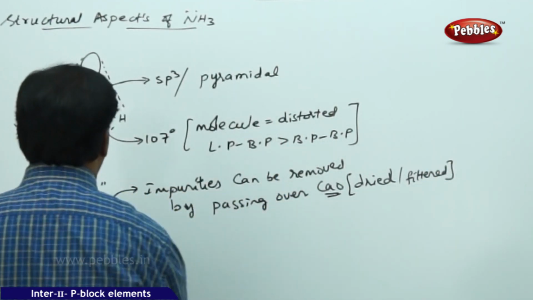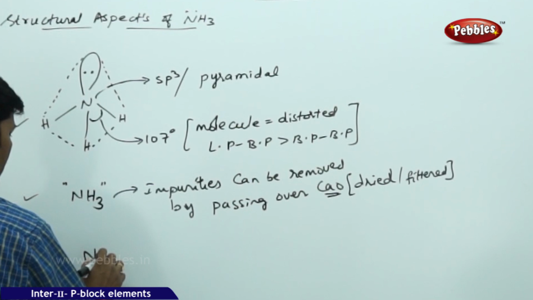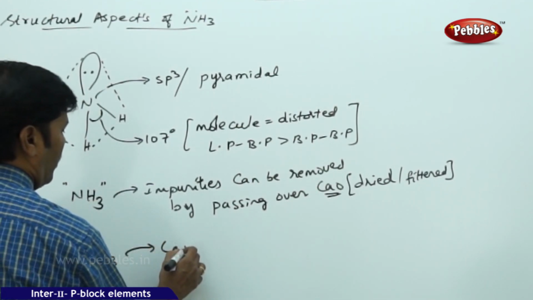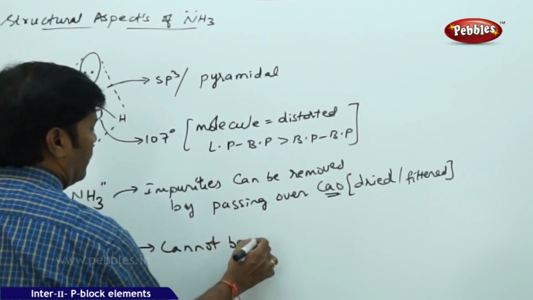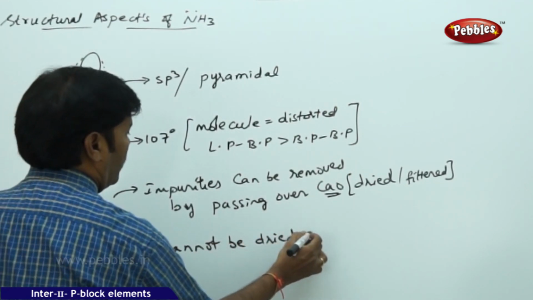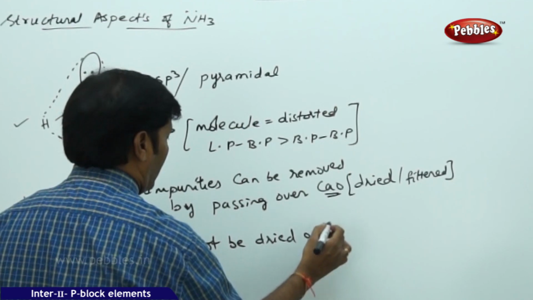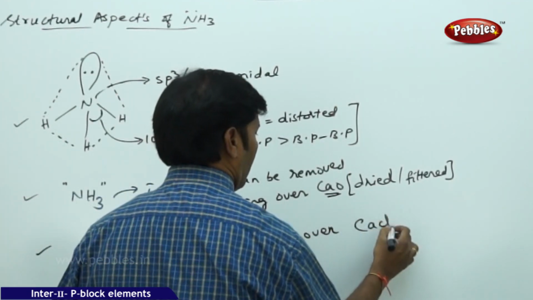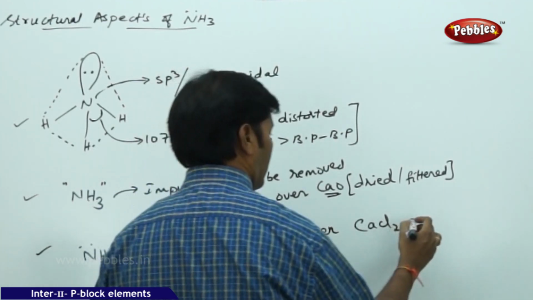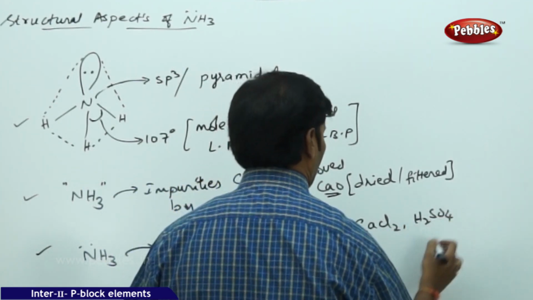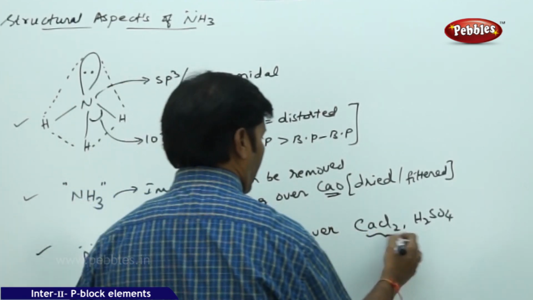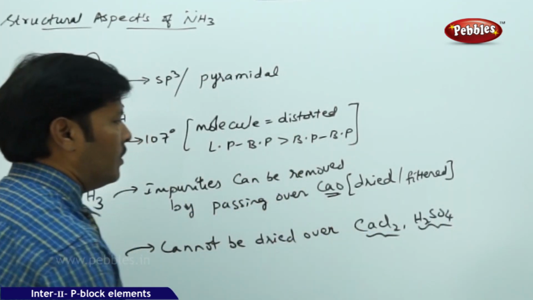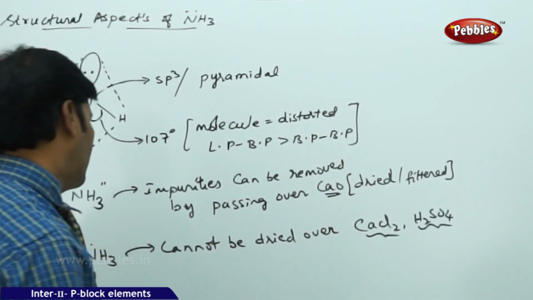Ammonia gas cannot be dried over calcium chloride or sulfuric acid, because ammonia reacts with both these compounds. It can react with calcium chloride and with sulfuric acid to form the respective compounds.